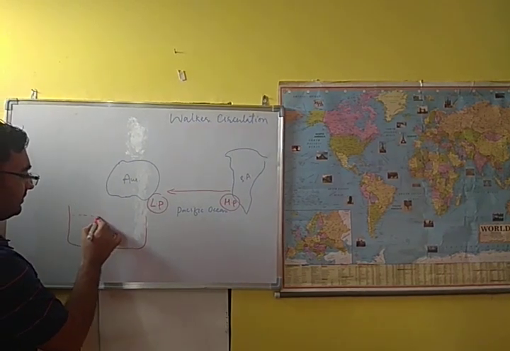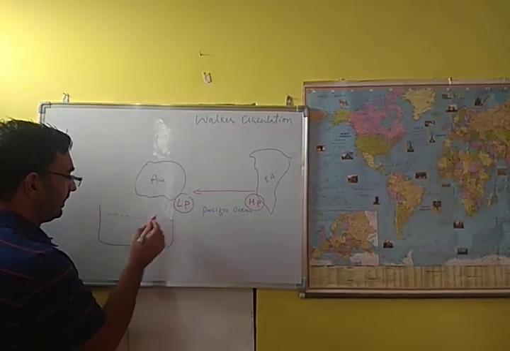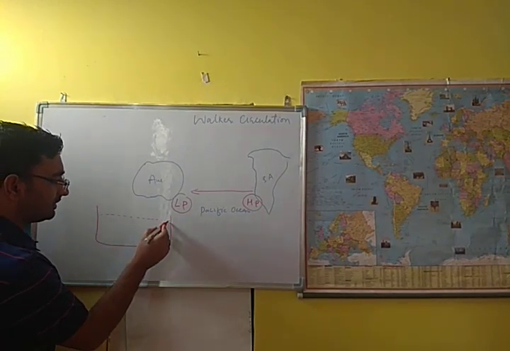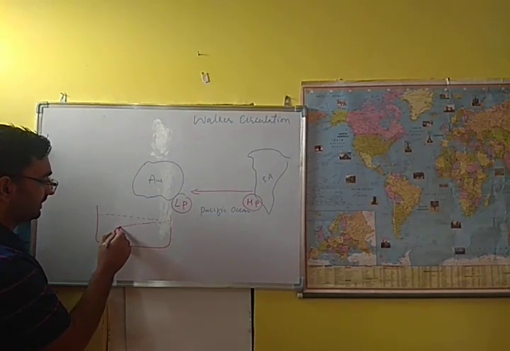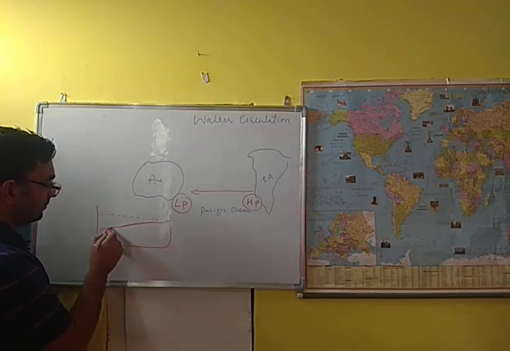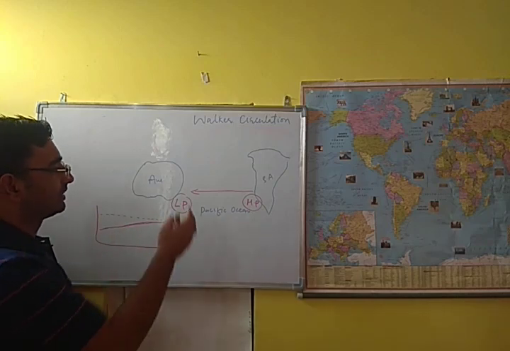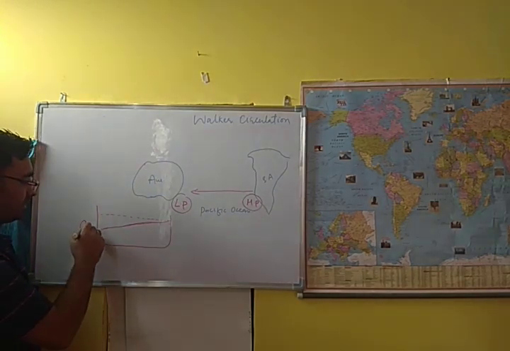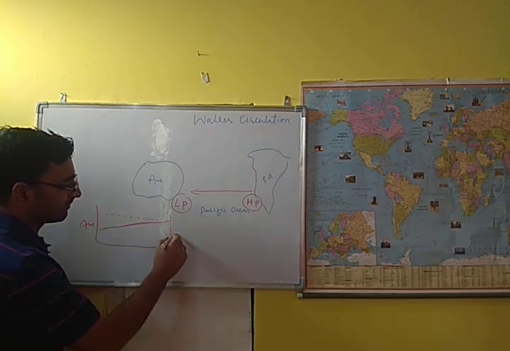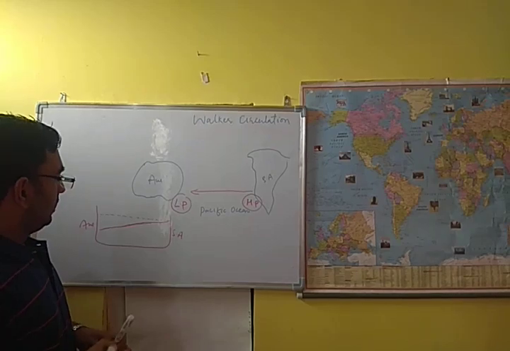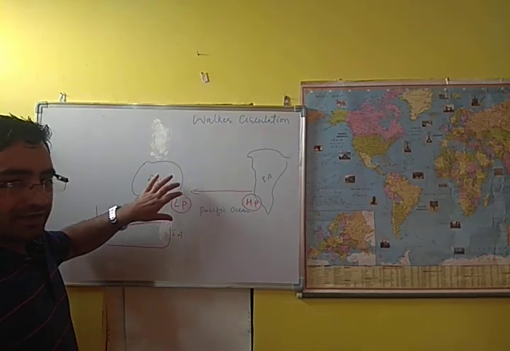If this is the sea level, the warm water and cold water contact will be something like this. So we will be having more warm water on the western side of the Pacific Ocean near Australia. So we have a low pressure area here.